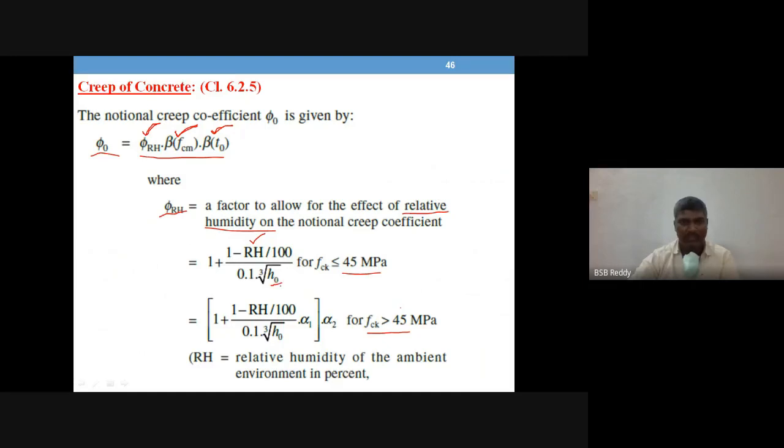And what is h naught? We have seen how to estimate h naught in the shrinkage parameter; the same formula holds good. Alpha 1 and alpha 2 will be given as expressions in the further slides. So relative humidity is a number you substitute here, and that is how you get phi RH.